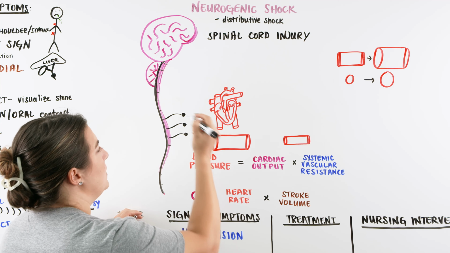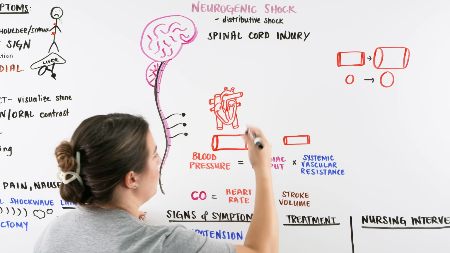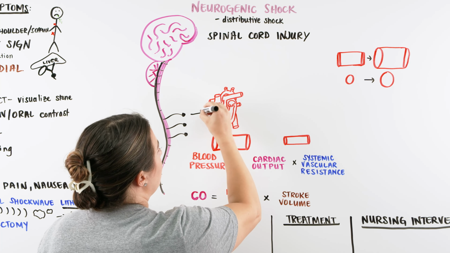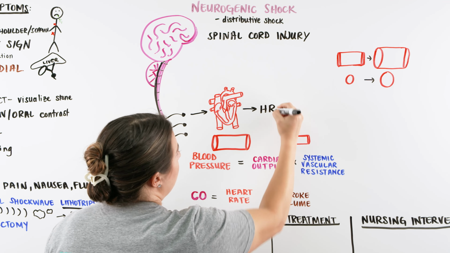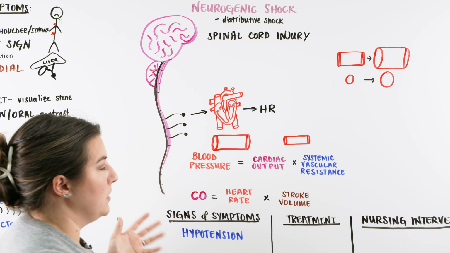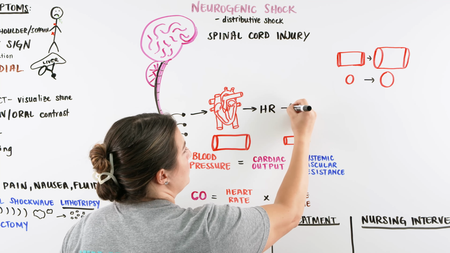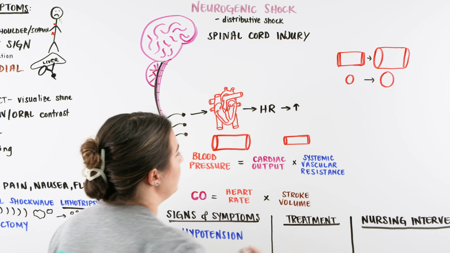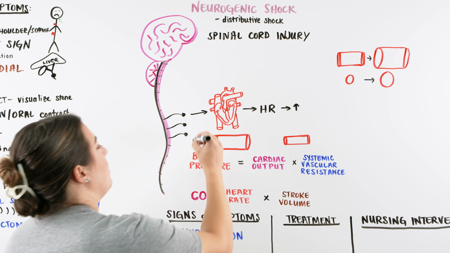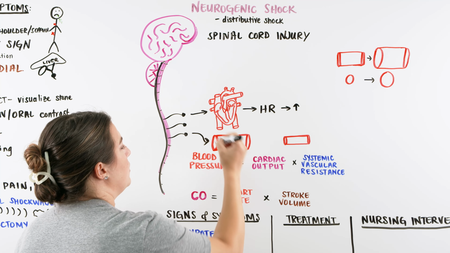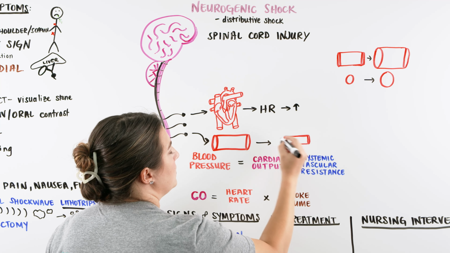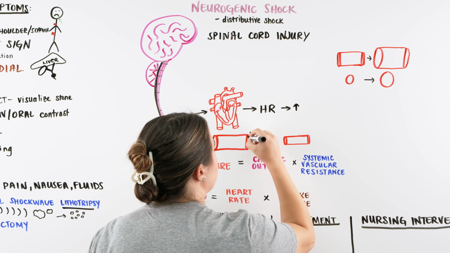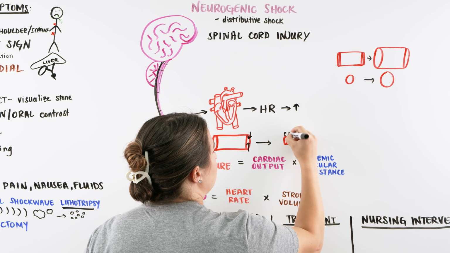So one of those is our cardiac acceleratory center, which helps us control our heart rate, and it's the acceleratory center because it helps with increasing the heart rate. And we also have our vasomotor center, which is going to help us have our blood vessels constrict, right? So we're able to close in this blood vessel and have it constrict.